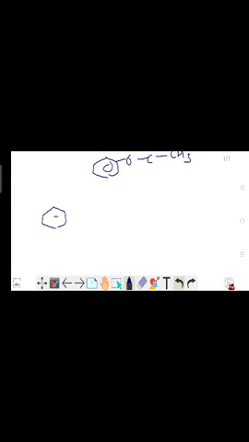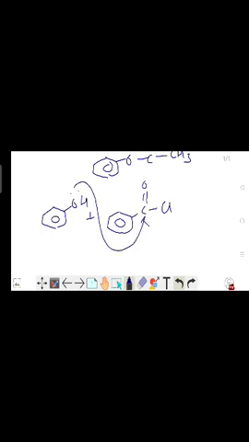When phenol reacts with benzoyl chloride, similar reactions happen just like acid chloride. This lone pair of oxygen attacks this carbonyl center, and after that chloride ion is removed as a leaving group.